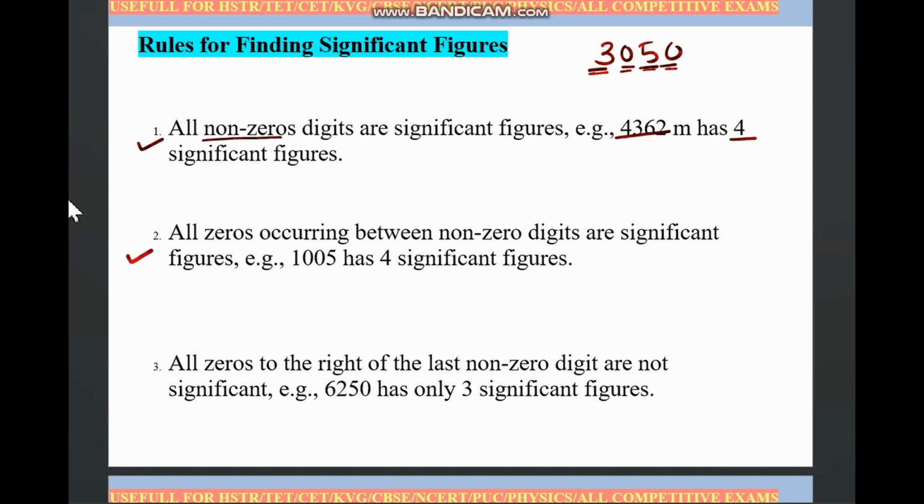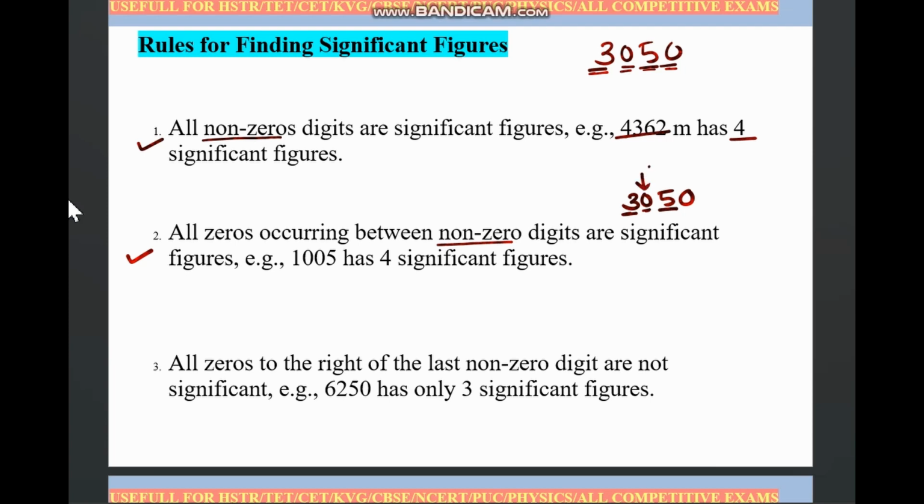Next we will go to rule 2. All zeros occurring between non-zero digits are significant. See here, again I will take the same example, 3050. In this, all zeros occurring between non-zero digits. Here the non-zero digits are 3 and 5, and in between 3 and 5, I have this 0.